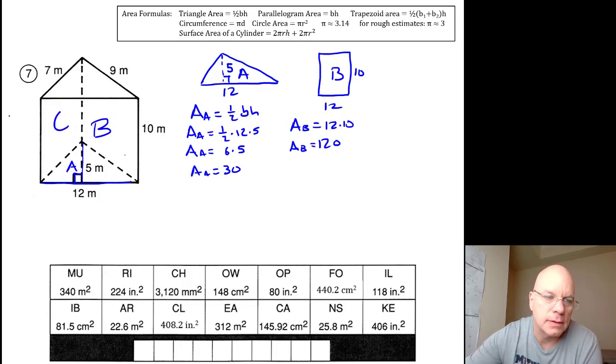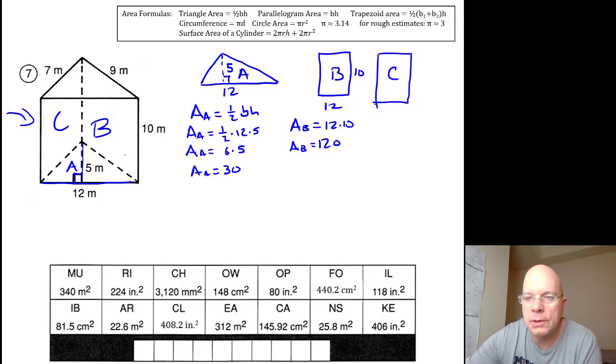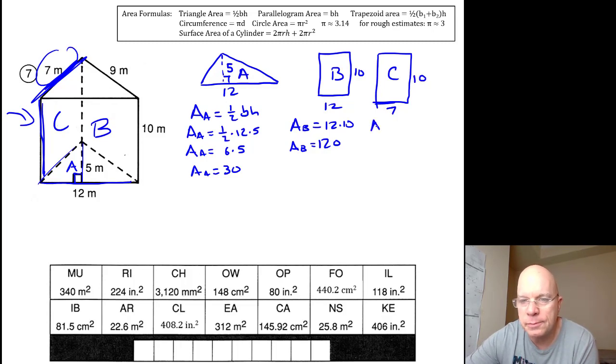Let's call this one over here C. It has a base of, when I look here I don't see that base, but then I realize, oh, I could look up here. That's 7 meters. And the height is going to be the same as the height for B. That's what makes it a prism. The triangular bases are parallel, so height of 10.